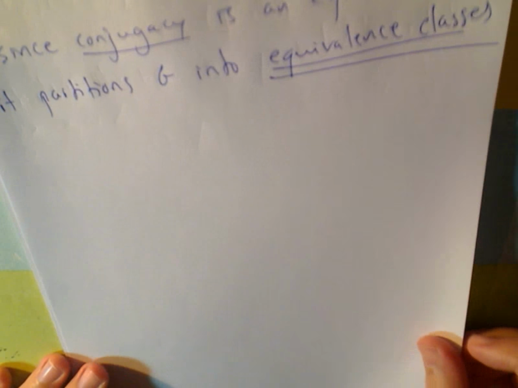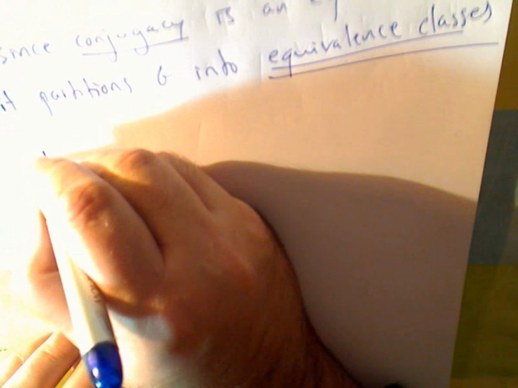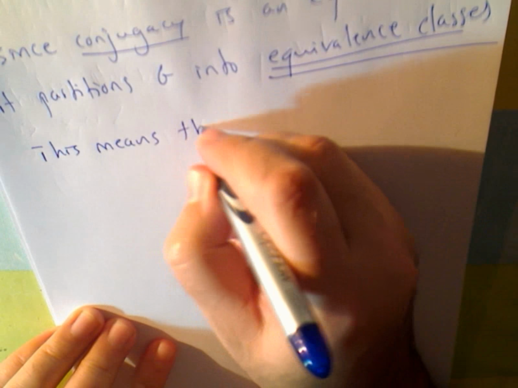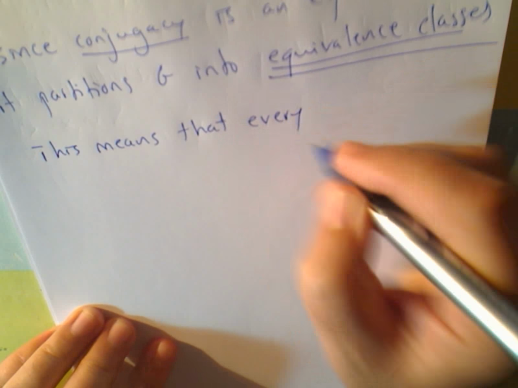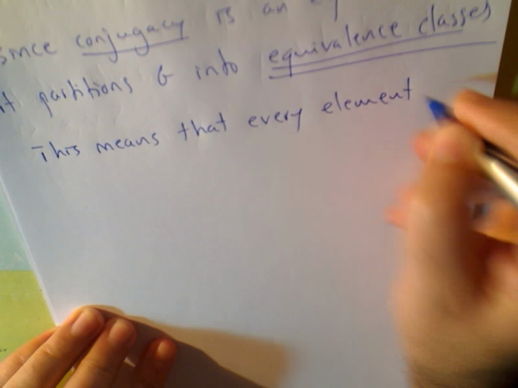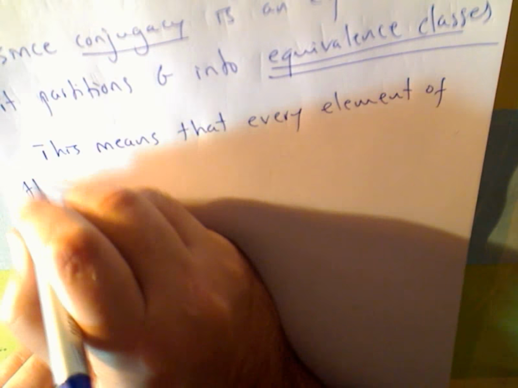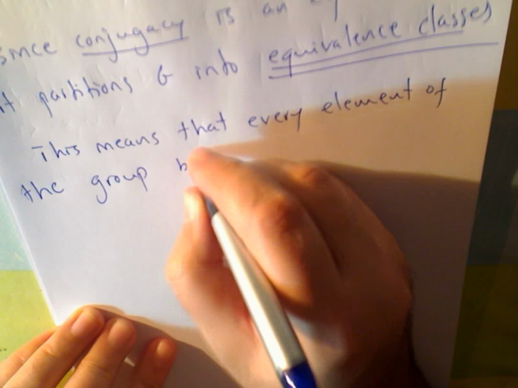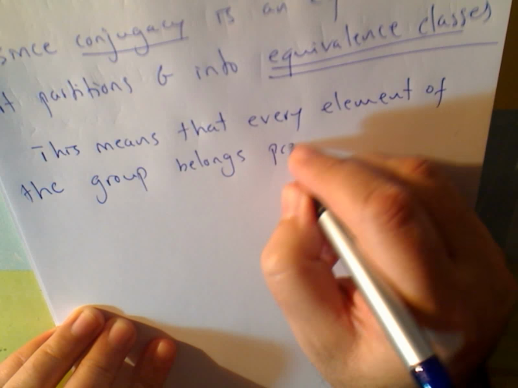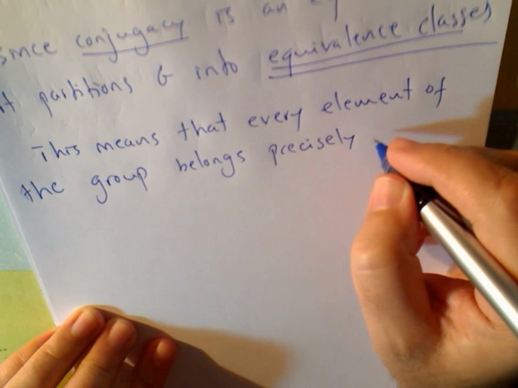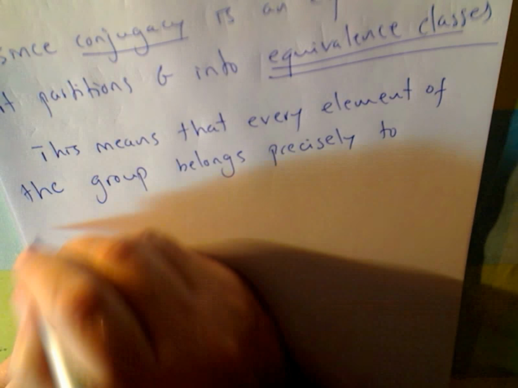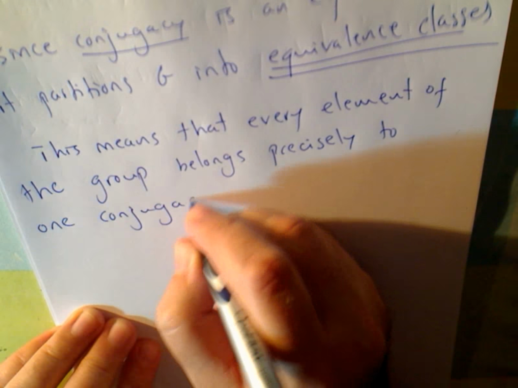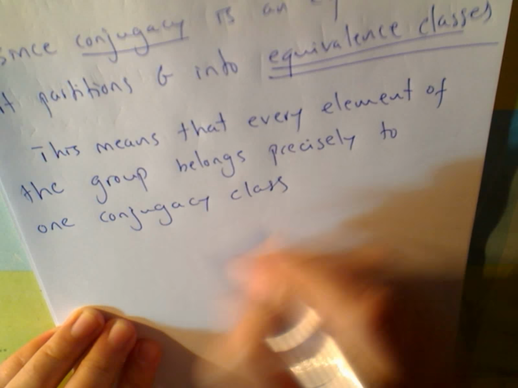What does that mean? Well, this means that every element of the group belongs precisely to one conjugacy class.